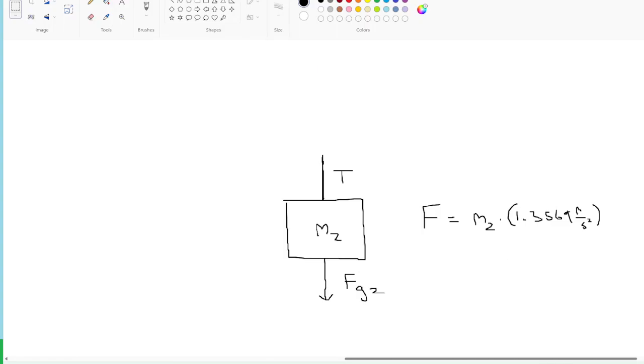What we can attribute that decrease to is force tension. So it's supposed to be falling with Fg2 minus tension, which is going to be equal to this, which we have here.